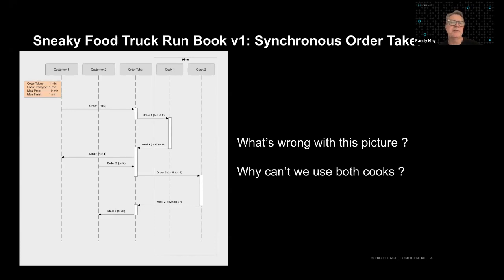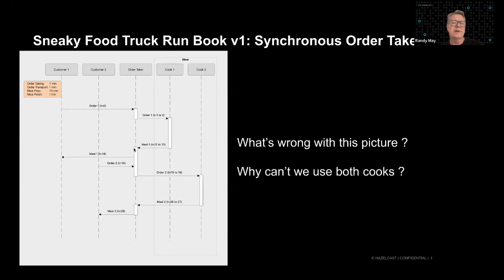Okay, let's look at some timings and how they're running their business. The customer walks up at time equals 0 and places an order. The order taker takes it and dispatches it out the back. It's to the cook in the diner by minute 2.